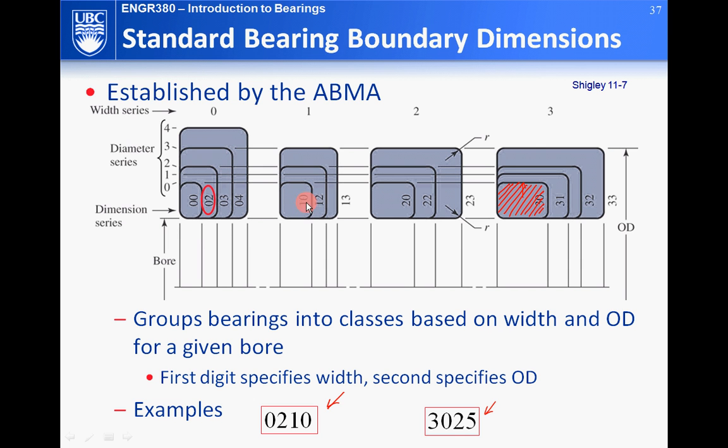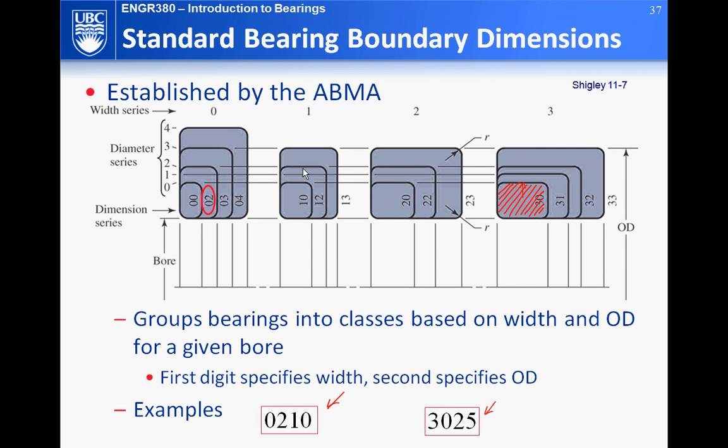The second digit is 0, meaning they have the same outside diameter, right? Because the 1 is higher than 0, this 1, 0 compared to 0, 0 has a wider width, okay? So that's a shortcut you can tell just based on the number of the bearing.